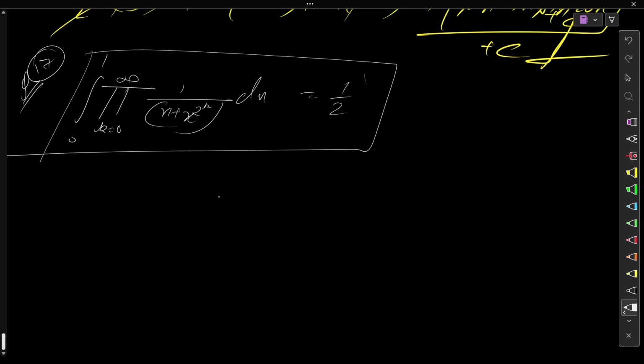So how can I do it? The first question that strikes the mind is, I hope we all know what this symbol means. This is the symbol of continued product.